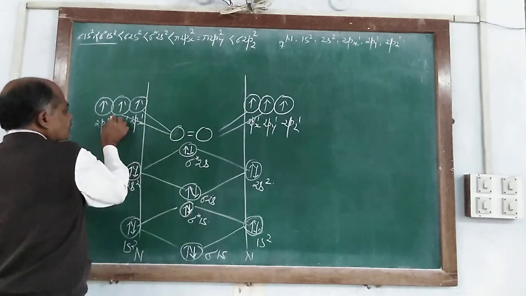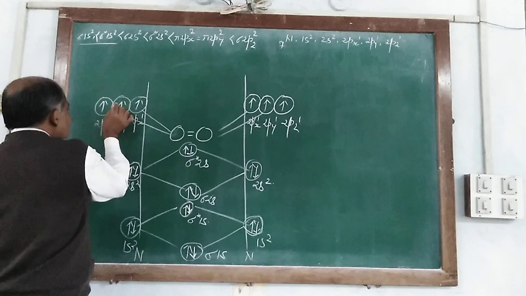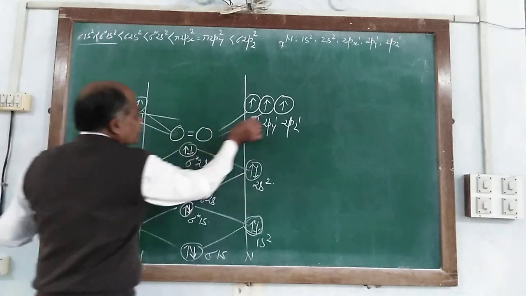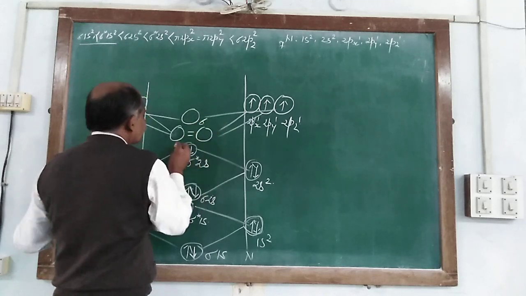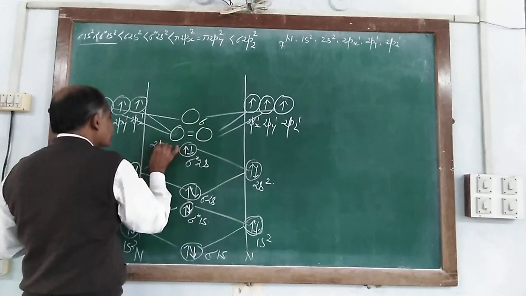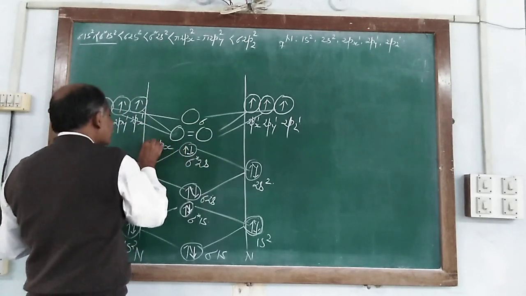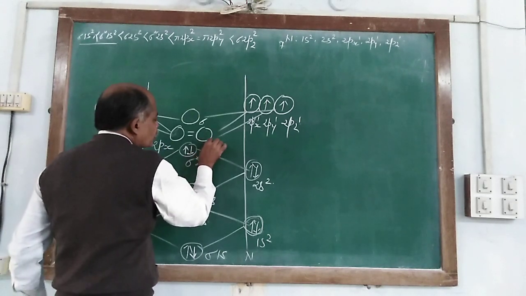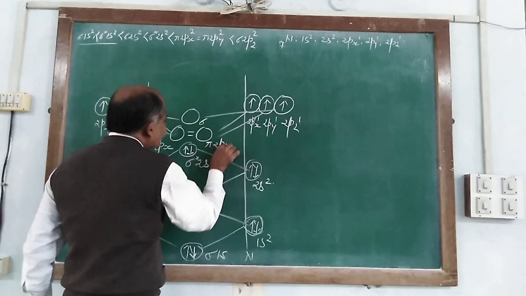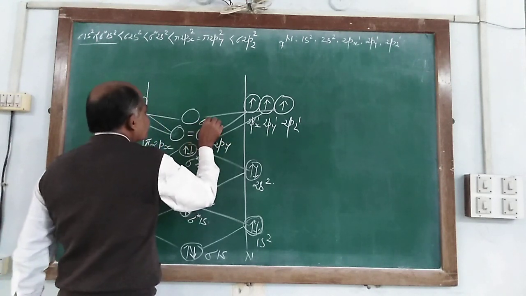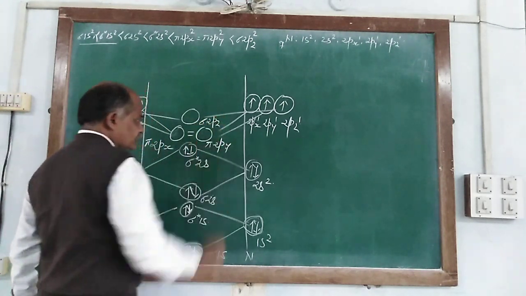And from 2pz and 2pz, it forms the sigma. So it forms pi 2px, it also forms pi 2py and it forms sigma 2pz.